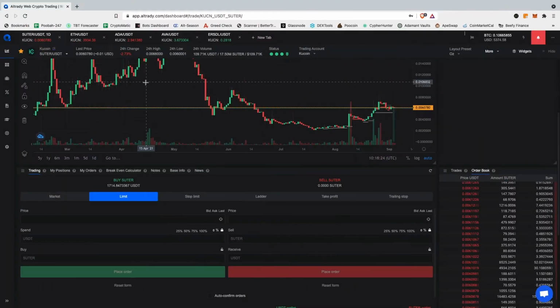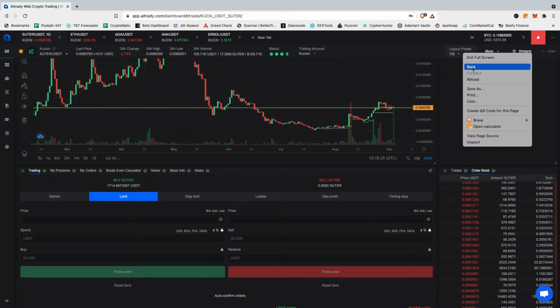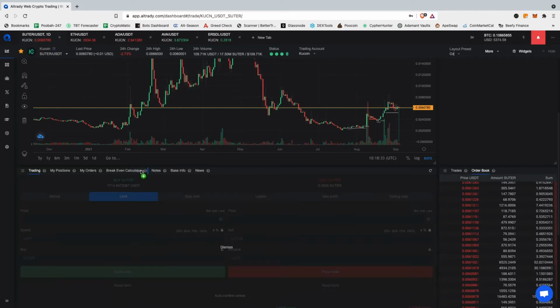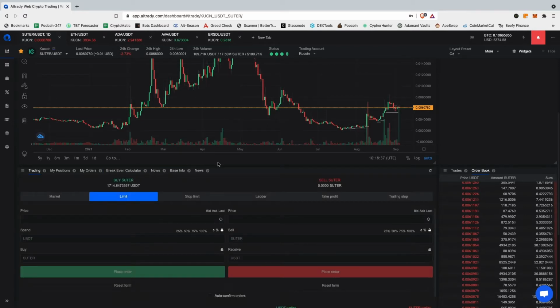Yeah. So this is how the dashboard looks. You can move things around and place them wherever you want, just like any other platform where you're allowed to move stuff from here to here. And then on the top you can have tabs with all the different coins that you want, or want to buy, or are interested in.